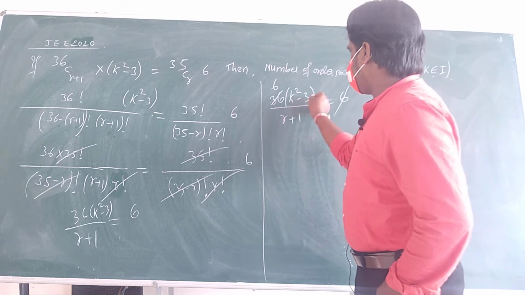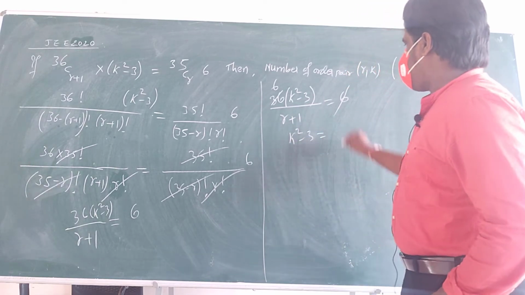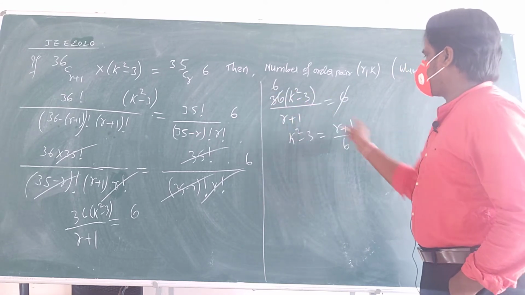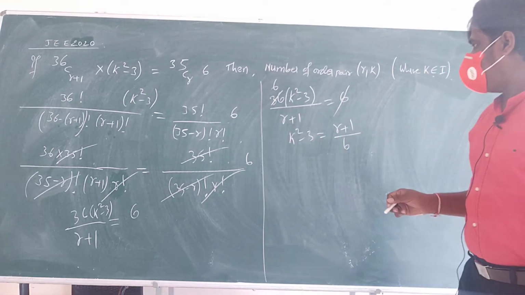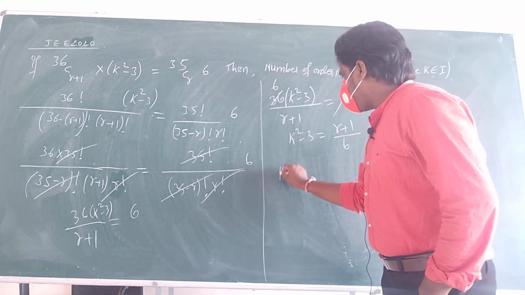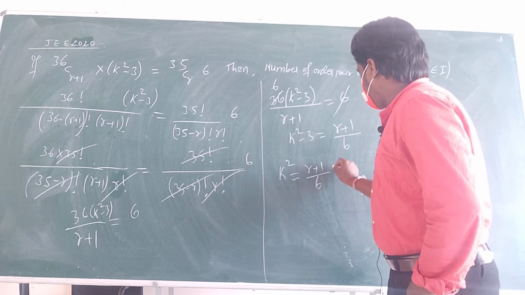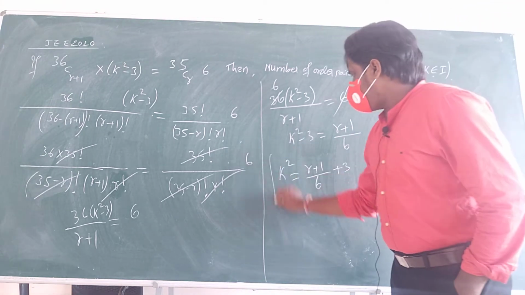So k square minus 3 will be (r plus 1) by 6. Sending 3 to the other side, k square will be (r plus 1) by 6 plus 3.